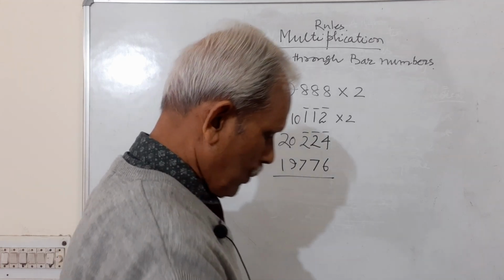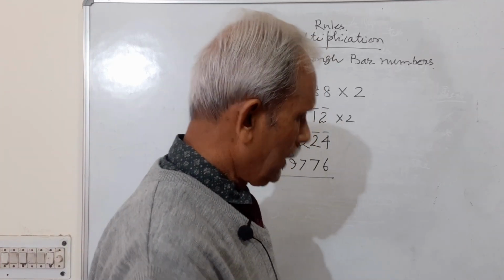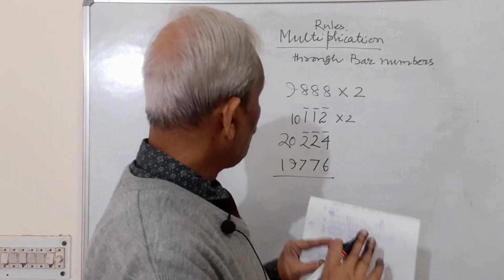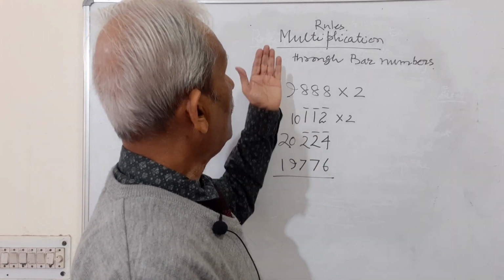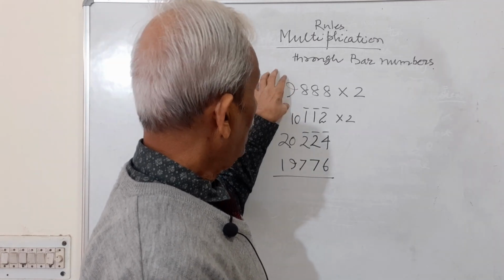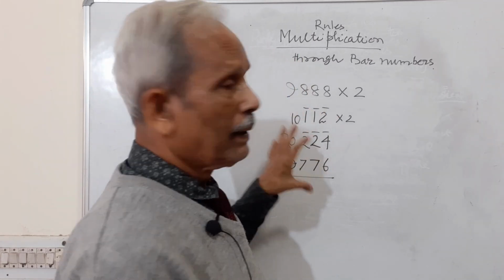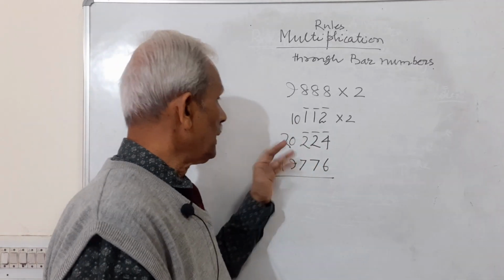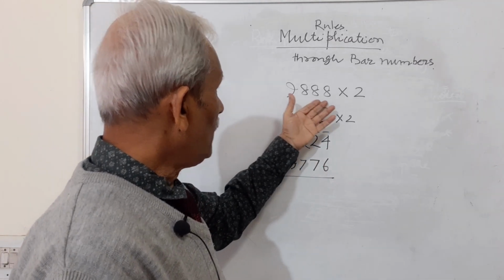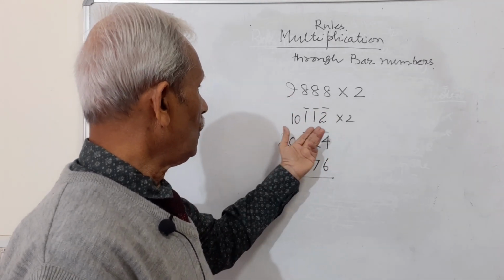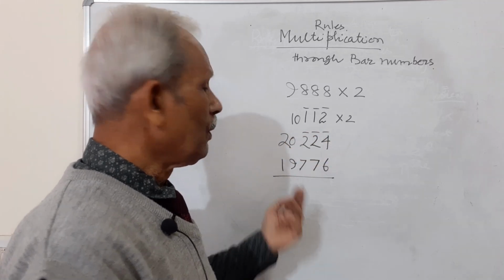Right? So we have seen how to multiply a number by vinculating the number to make things easier, because multiplying it with 888 may be bigger, but if you multiply it with 112 it becomes easier, then you devinculate it.